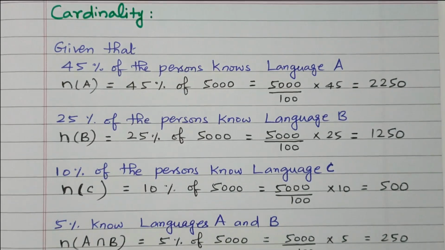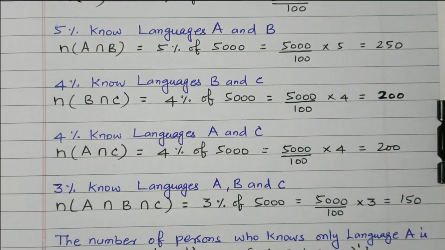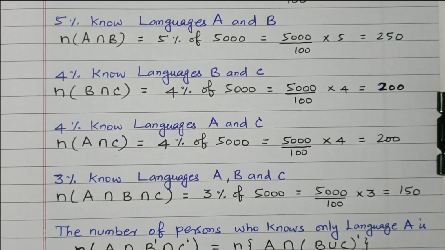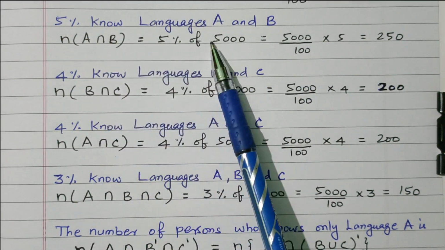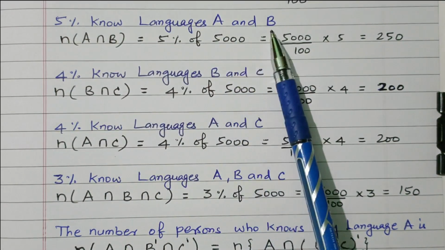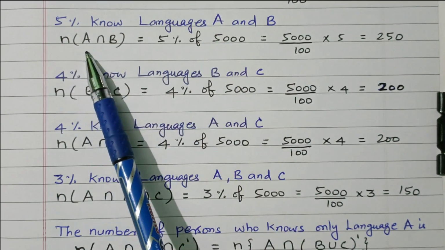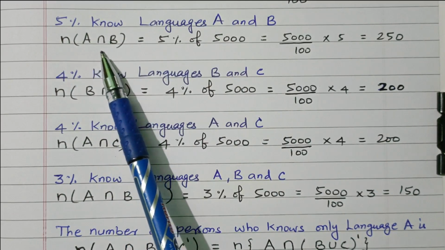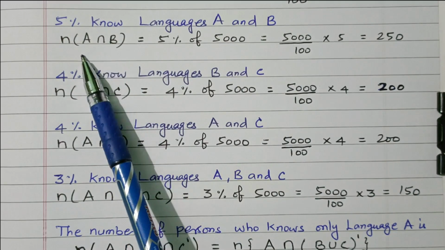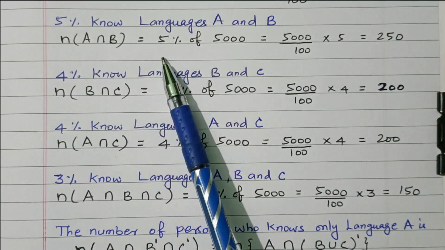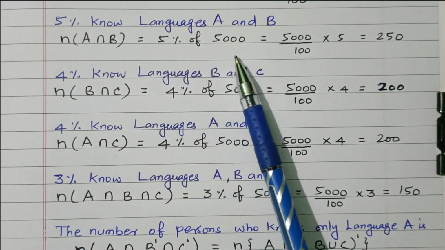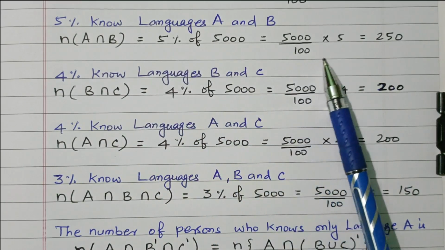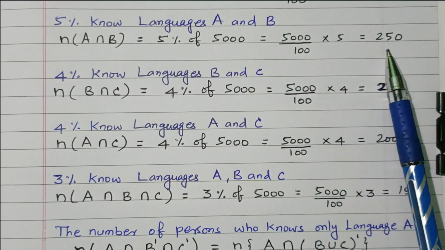Now we'll go for the remaining calculations. 5% knows languages A and B, both language A and B. So that n of A intersection B, the persons common to A and B, knows the language A as well as language B. 5% of 5,000 is 5,000 divided by 100 into 5, that is 250.